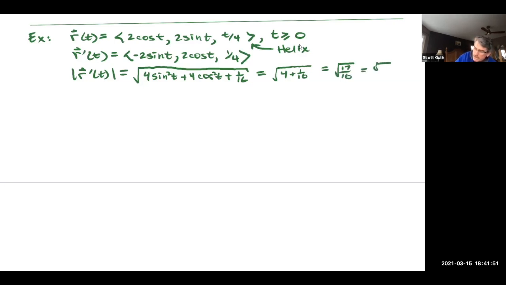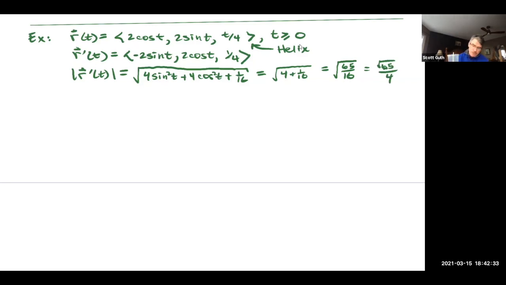Which is the square root of 17 divided by 4. I think I made a mistake. I was doing 1 and a 16th. So let me fix this. 4 times 16 is 64. So this would be the square root of 65/16, which is the square root of 65 on top over 4. Sorry about the mistake.